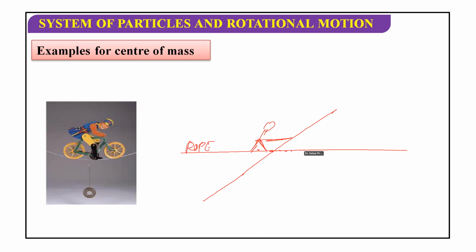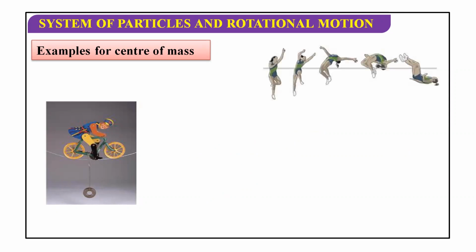If the center of mass does not fall on the rope, together meaning the person as well as the rod or whatever stick they are taking, the person will fall. So to balance, you will see when they are imbalancing themselves, they try to adjust this rod so that the center of mass will come onto the rope. So again, the logic is the same. So these are examples of center of mass.